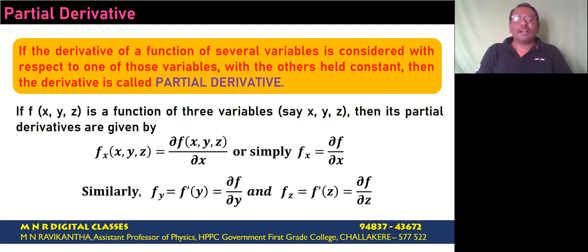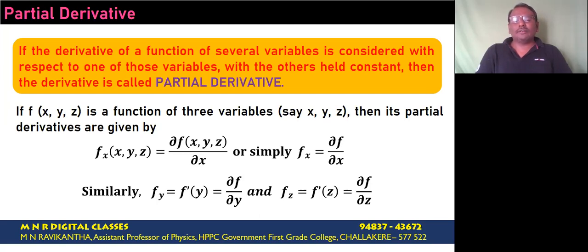Similarly, f_y, or f' of y, is equal to ∂f/∂y, and f_z, that is f' z, is equal to ∂f/∂z. Here the superscript dash represents the first derivative or the partial derivative.